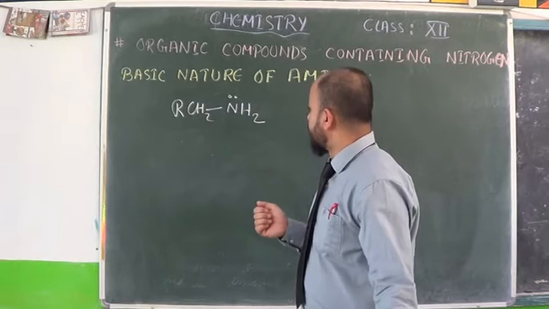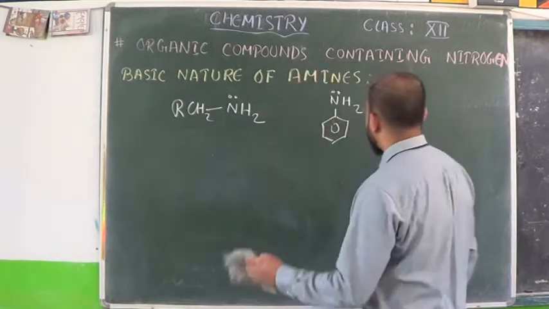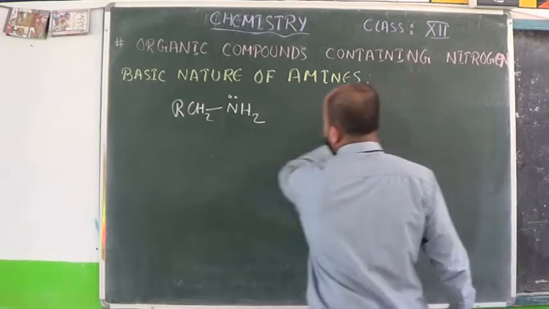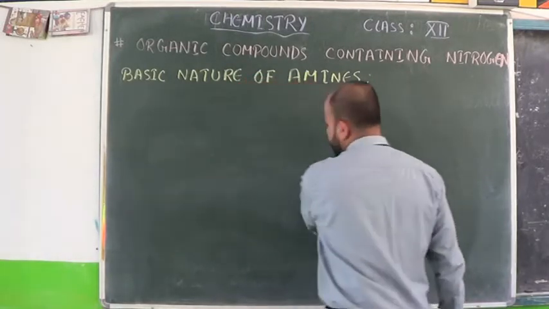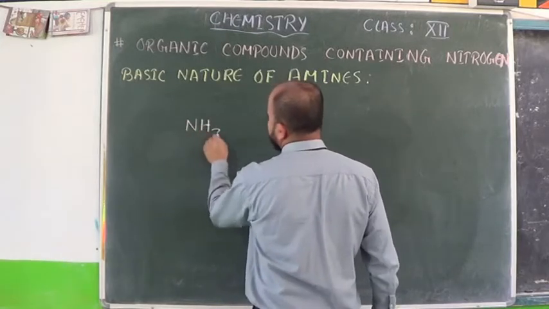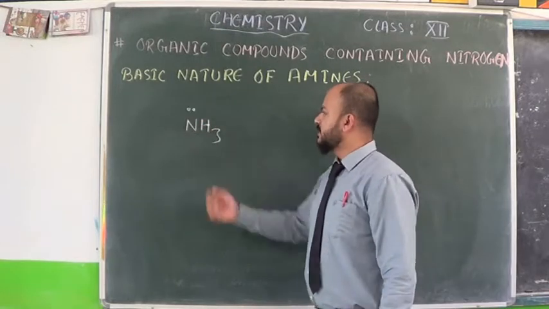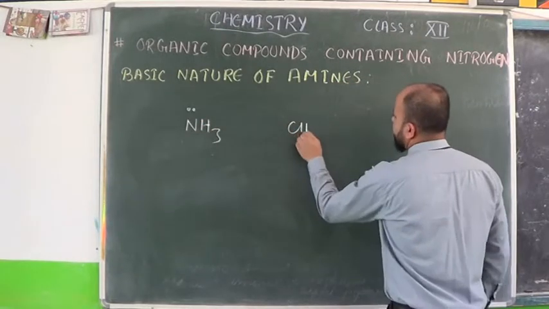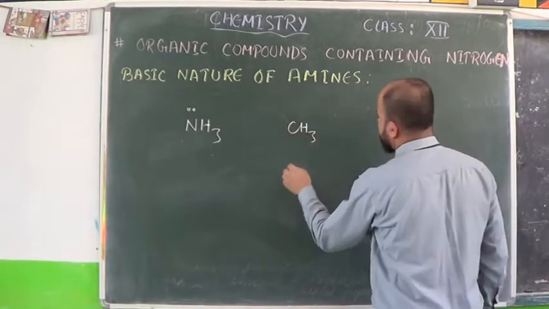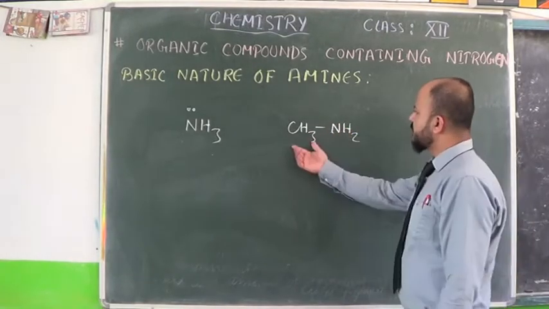So let's discuss the basic nature of certain aliphatic as well as aromatic compounds. Now we know ammonia, NH3, also has a lone pair over nitrogen. Now let's take some methyl substituted amine, say you have CH3 and NH2.